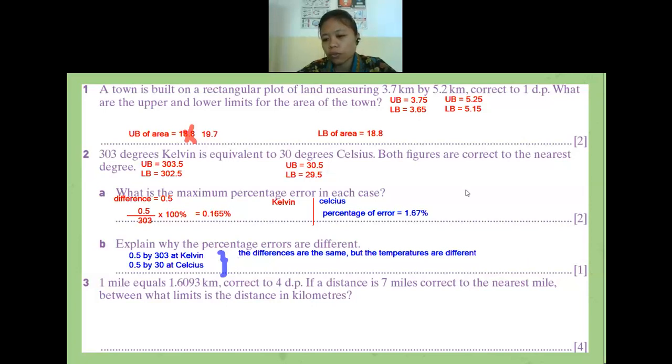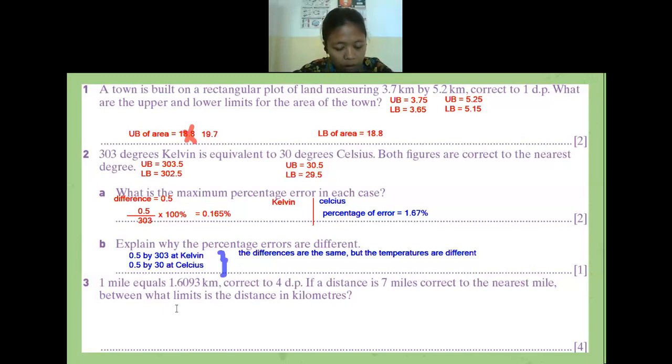So how do we find the limit? Limit here means the upper bound and lower bound. So how do we find it? Find the upper bound and lower bound of each number first.